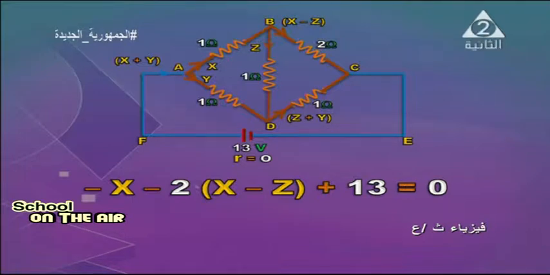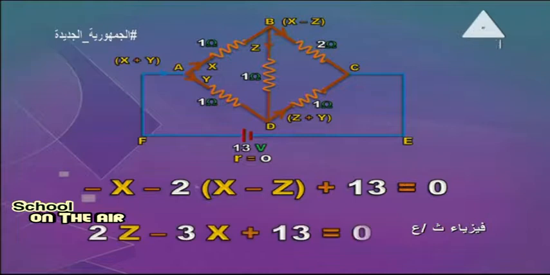So we expect a drop in voltage. So negative 2 is the value of the resistance times the current X minus Z, plus 13. Why plus 13? Because the EMF of the cell is pushing in the same direction. We'll rearrange it. So 2Z minus 3X plus 13 equals 0, and this is the second equation.